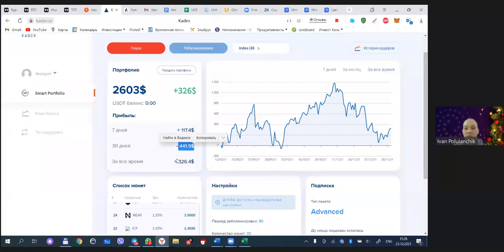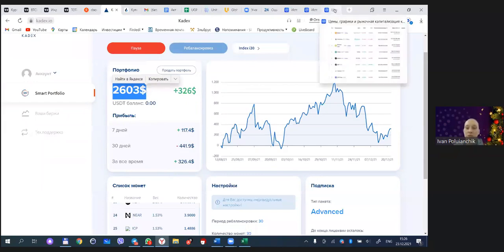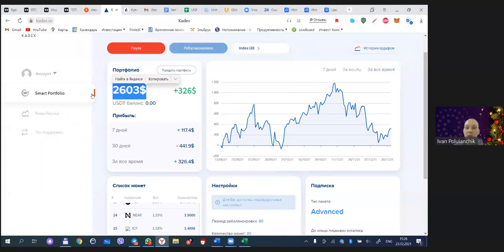This is not entirely correct amount, because it does not take into consideration the withdrawals and topping up and all the movements in the wallet. So unfortunately, we cannot make our estimations using that number. You need to do the calculations yourself and to see what the value of your portfolio is right now. You should look at this number here.